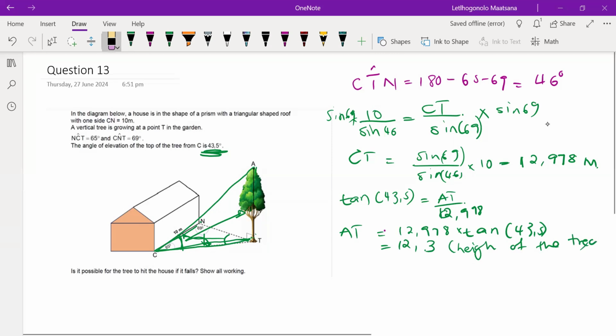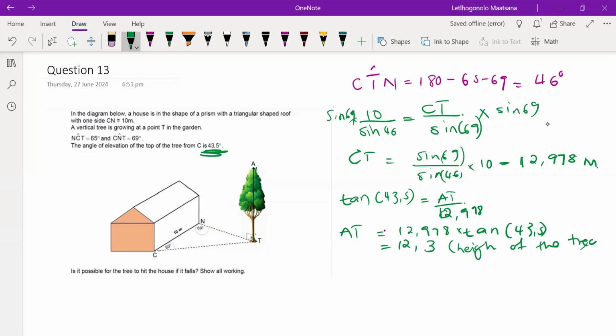So let us assume that when the tree falls, it will fall perpendicular to the line CN, right? So we need to find the length of this available space, to see if it's greater than the height of the tree or if it's smaller than the height of the tree.